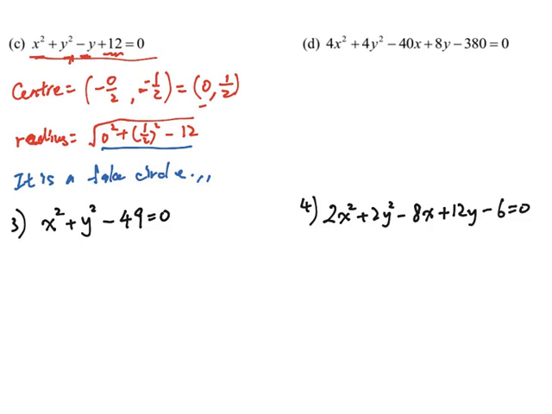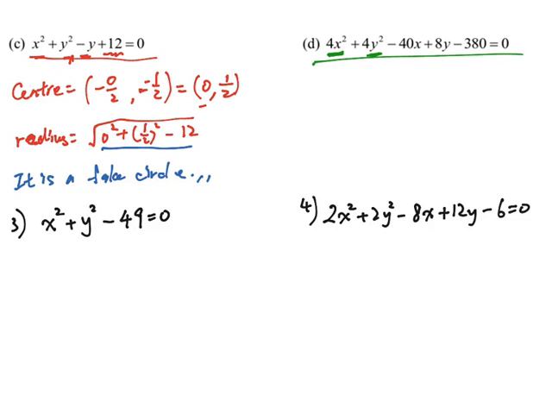Next, we will see another equation. In this format, you can see the coefficient of x squared and y squared are 4. So we need to remove it. If you want to remove it, that means we need to divide the whole equation by 4.